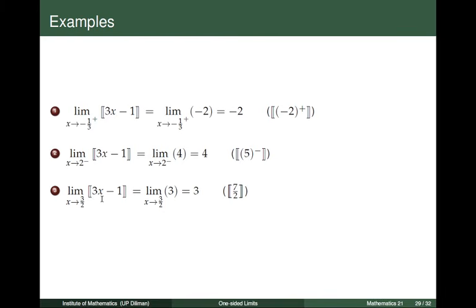So, 3 times 3 halves is 9 halves, minus 1 will get 7 halves. 7 halves is not an integer. So, we just need to get the GIF of 7 halves. 7 halves is 3.5. So, the GIF is 3. So, the limit of 3 is equal to 3. So, this original limit here is equal to 3.